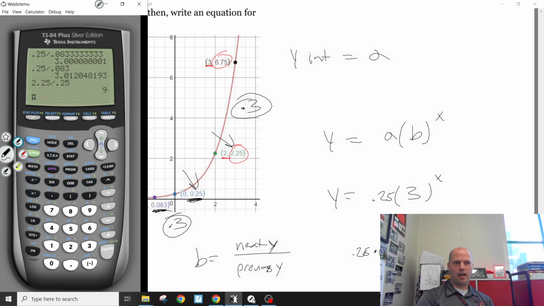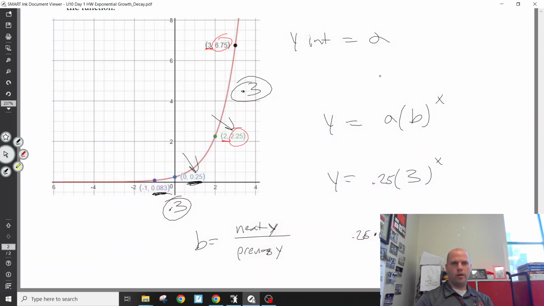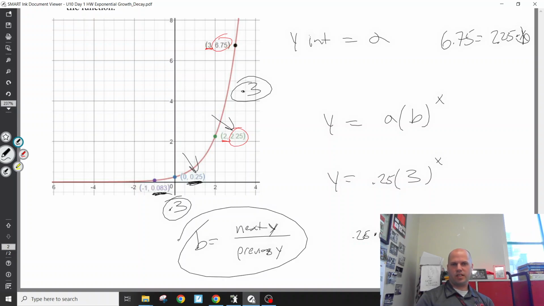Square root 9 to get rid of the square, and you can see 3. So maybe you could set up an equation as well, where your next number equals your previous number times B. Anyways, that might be complicated, so stick to this.